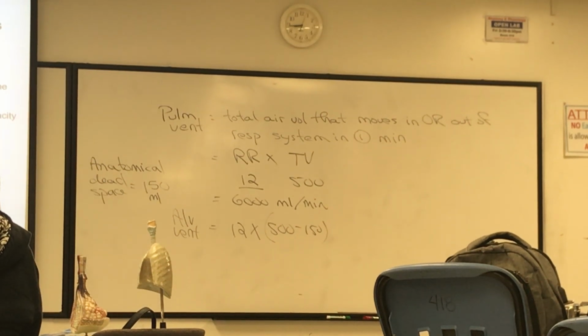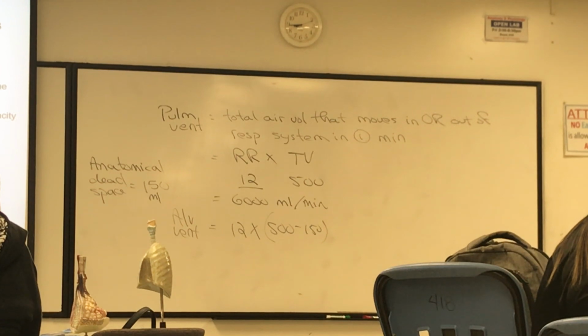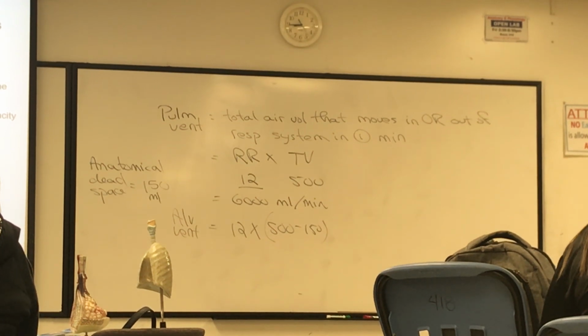Let's say your tidal volume, like mine was only 300. And I subtract 150 from that. I'm only getting 150 mils of air into my alveoli. So I'm going to have to breathe pretty rapidly to get a good alveolar ventilation. What if my tidal volume was 800?